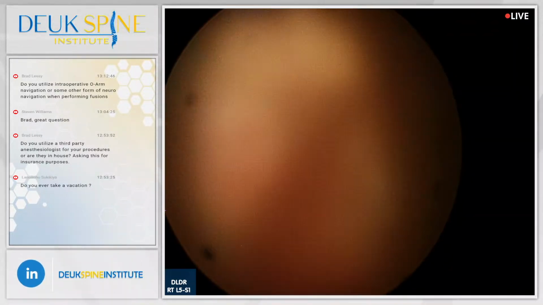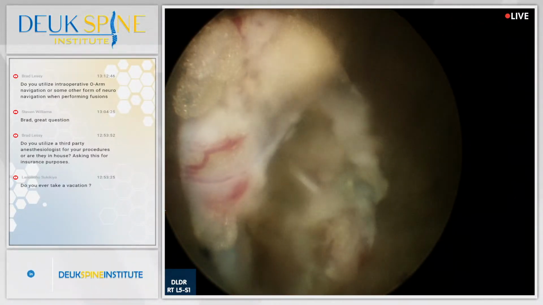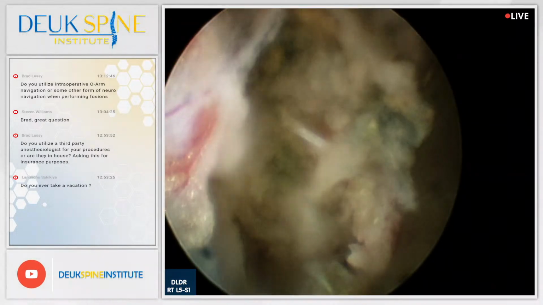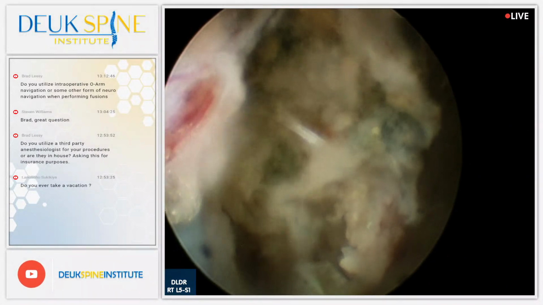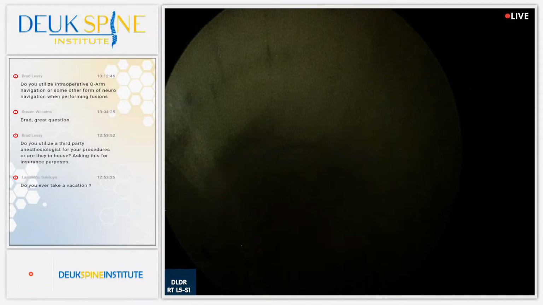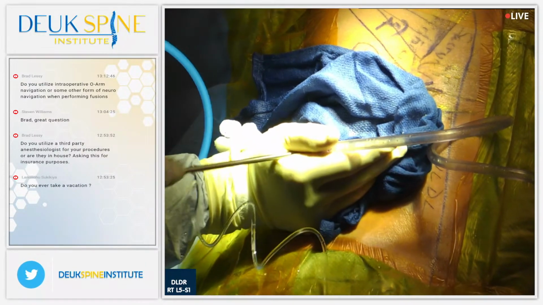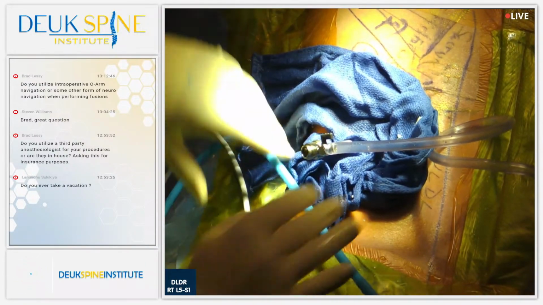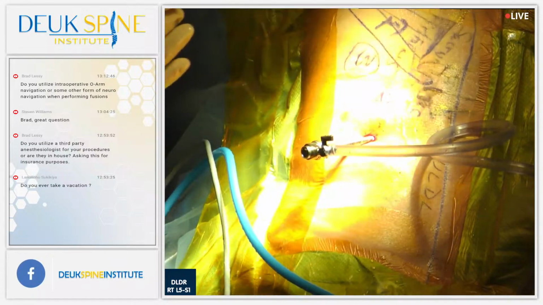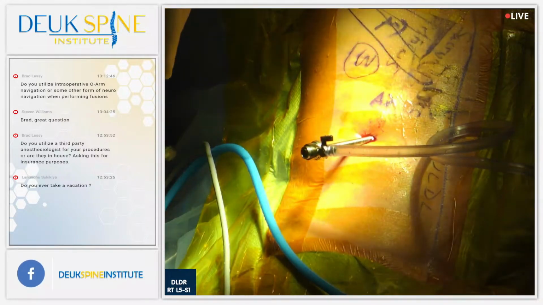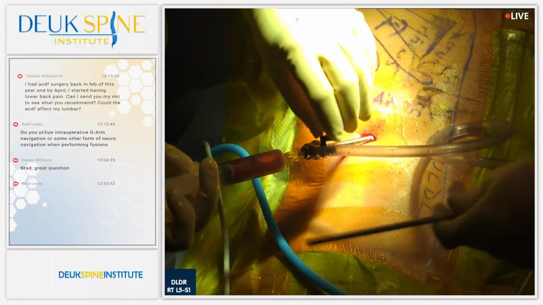I was trained prior to the O-arm, and I was trained on the O-arm. And I can tell you right now, you don't need an O-arm to do good spine surgery, the best spine surgery. I'm going to tell you, my fusion results are the best in the world in terms of complications and success and outcomes, safety.